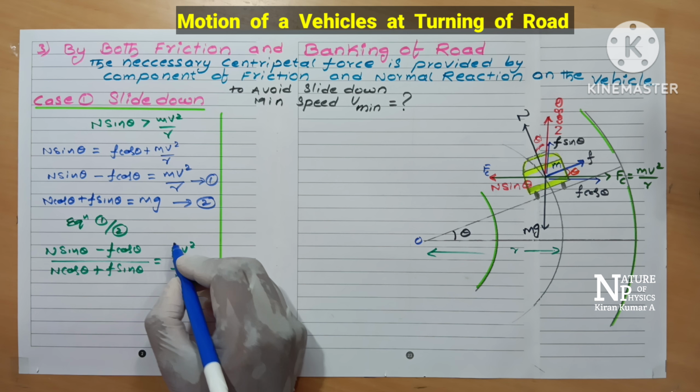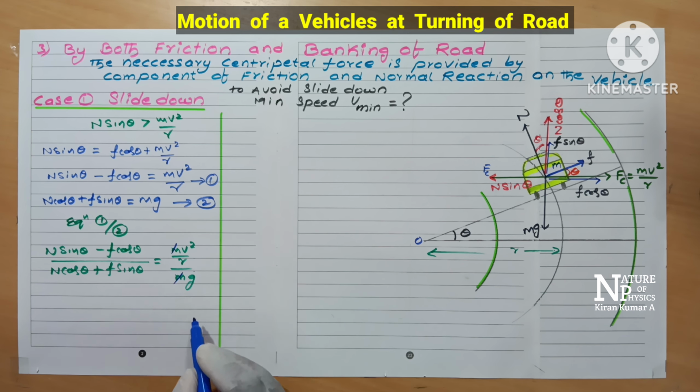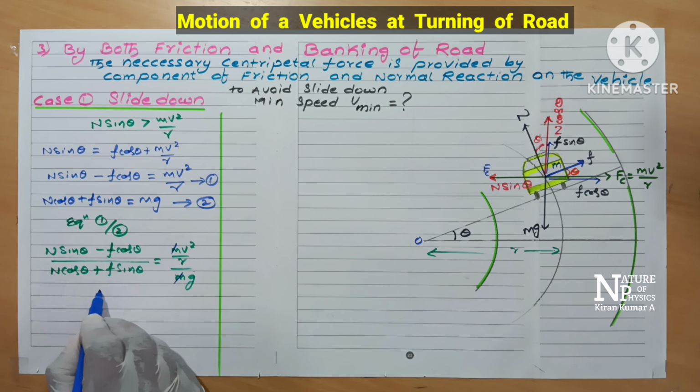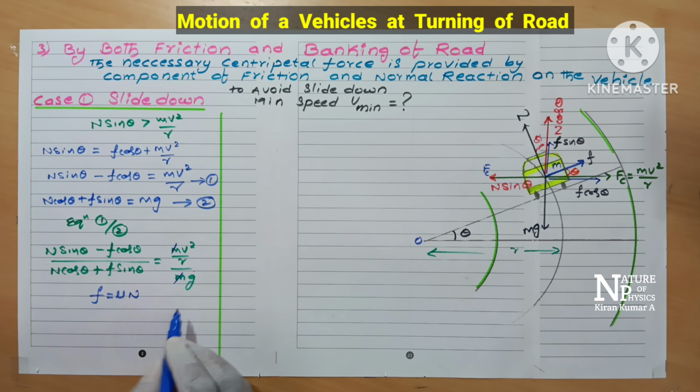Next step, m and m cancel. Here F is equal to mu into N, and replacing this value in the above equation, the frictional force is taken as kinetic friction. So N sin theta minus mu k N cos theta, whole divided by N cos theta plus mu k N sin theta, is equal to v square divided by r g.